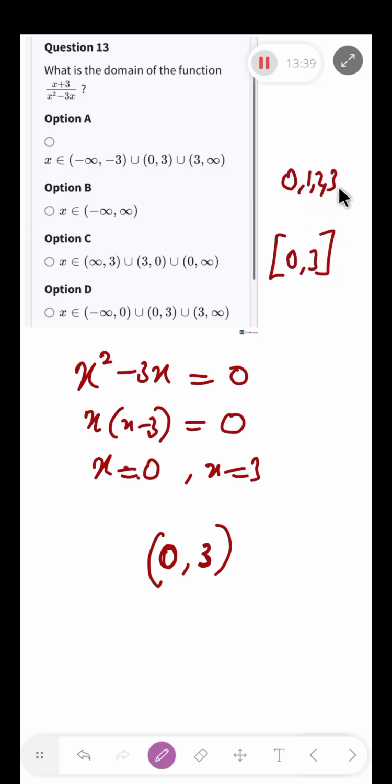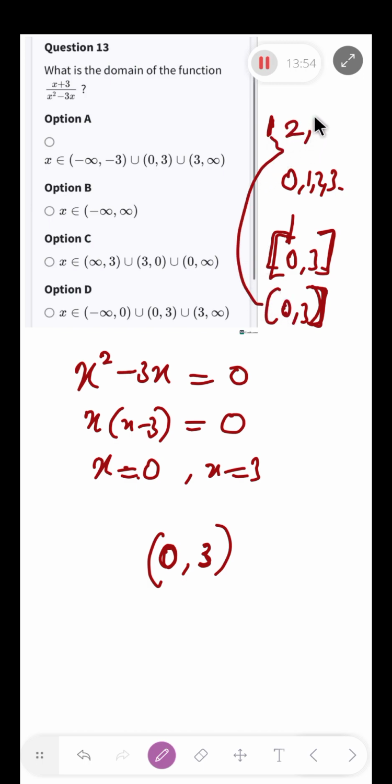But if I write it like this, 0, 3, with open brackets, it implies that 0 is not included. That means I have just 1, 2. And 1, 2 is a solution of this. If you put 1, 2, you usually get a solution.